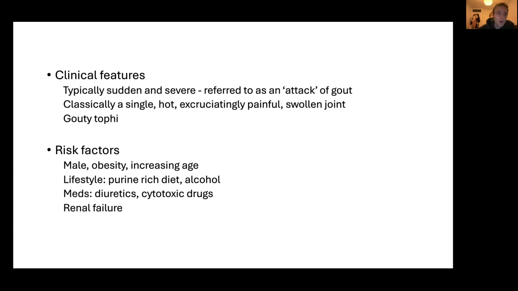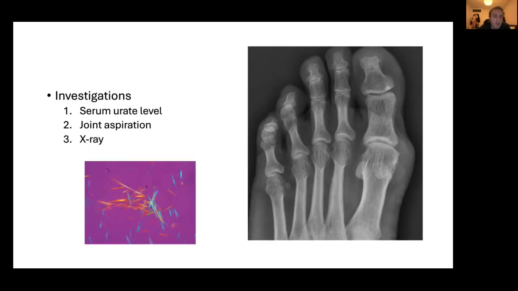ethambutol. So moving on, we've got investigations for gout. So classically we do 3 things, and that's number 1, we aspirate the joint using aseptic technique, and we'll get on to that in a minute, but we can see here the classical finding on joint aspiration when we look under a microscope.